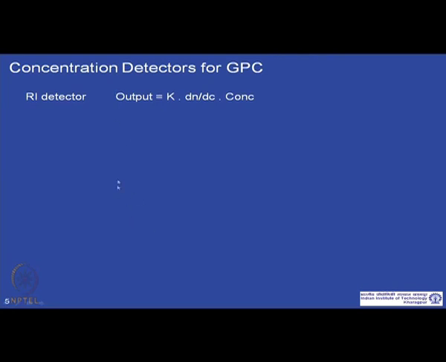Now, what about the detection signal? If, for example, you take an RI detector, then the detection signal is proportional to the concentration. Typically, we use a concentration detector.